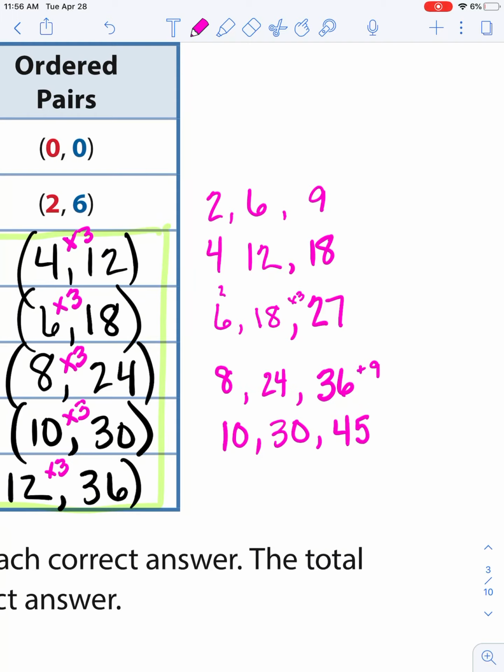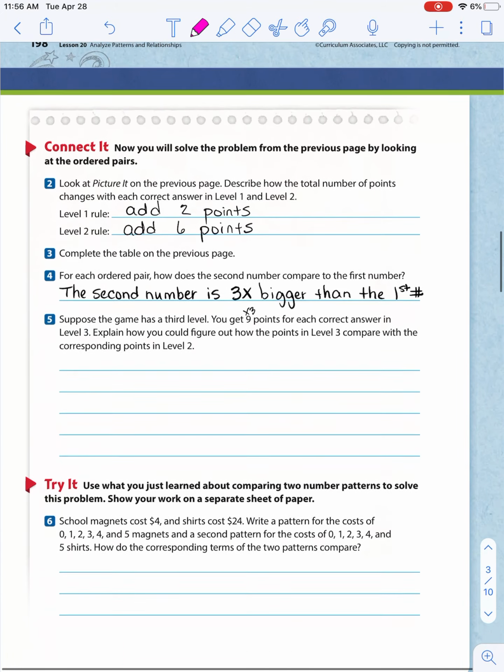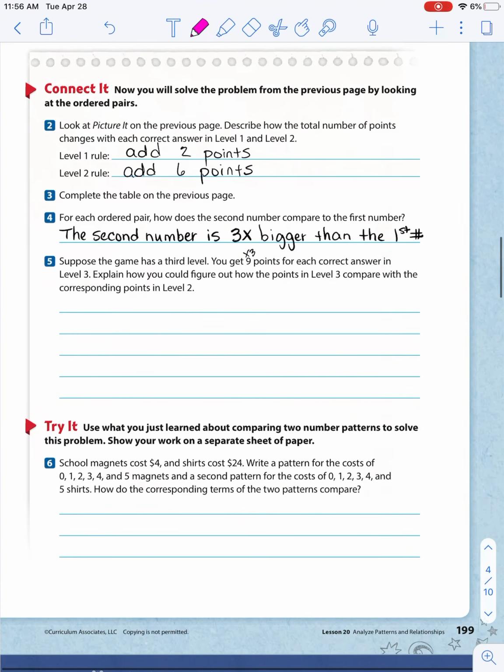And then the third multiple is 9. The fourth multiple is 12. The sixth multiple of 3 is 18. This is the ninth multiple of 3. Fill in your answer here.